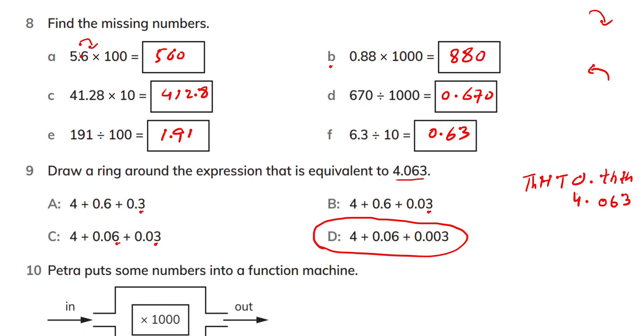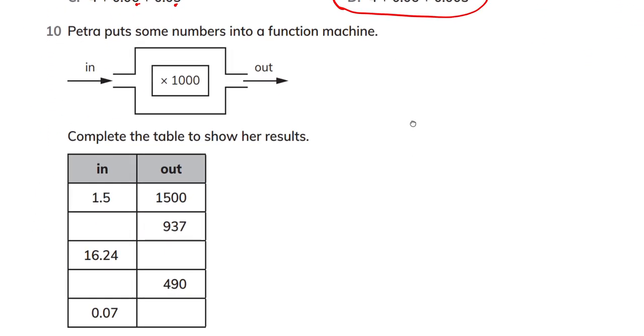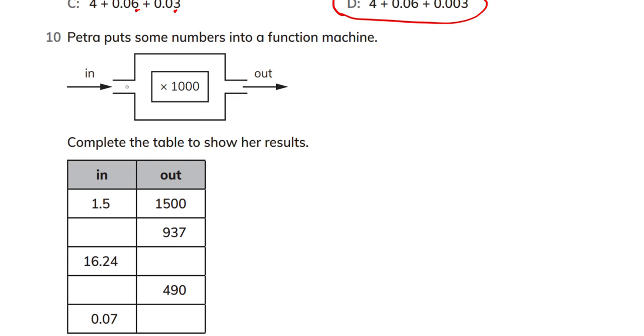Thank you. Okay, so now the next question we have here. Petra put some numbers into a function machine. You know how a function machine acts? You put something in, the rule will be there, you will follow this rule, and the answer will be your output. For example, in this case, if the input is 1.5, you have to multiply 1.5 with 1,000.